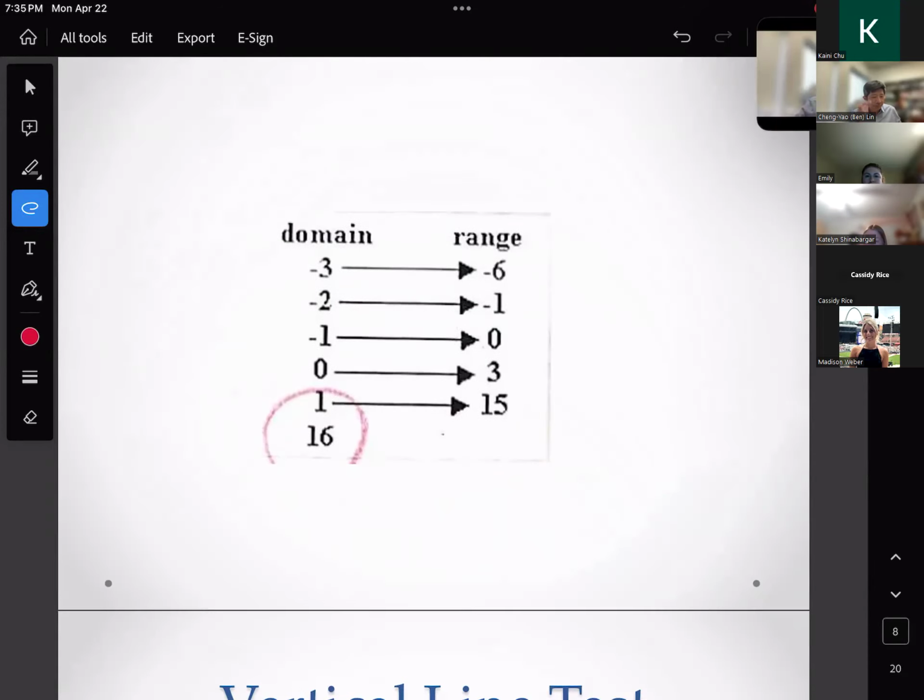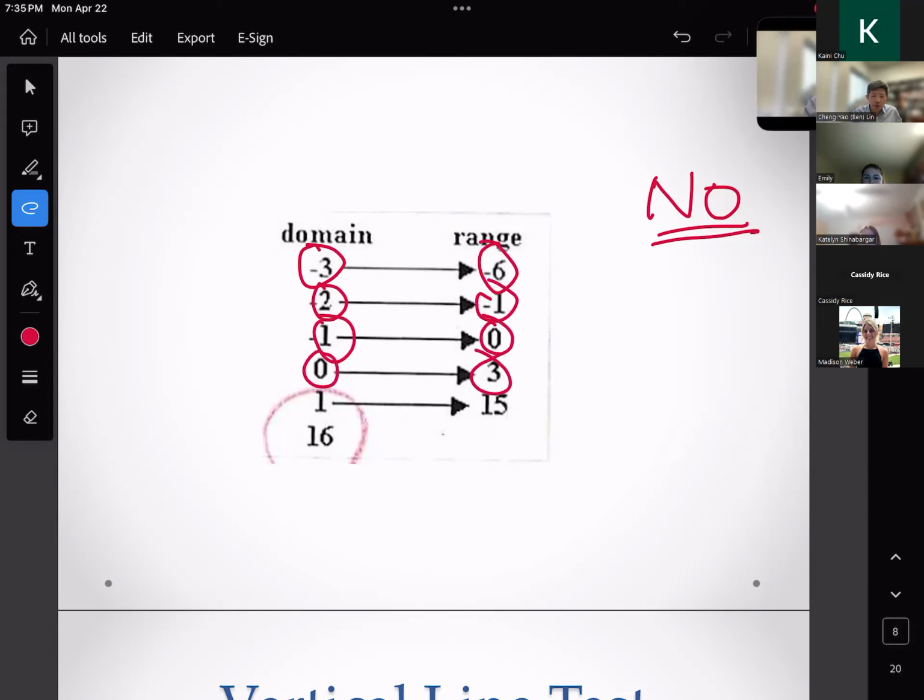Next one. Yes or no? Function or not function? All right, somebody say no. Does anyone say yes? The answer is no. Why? Each domain must find a range.